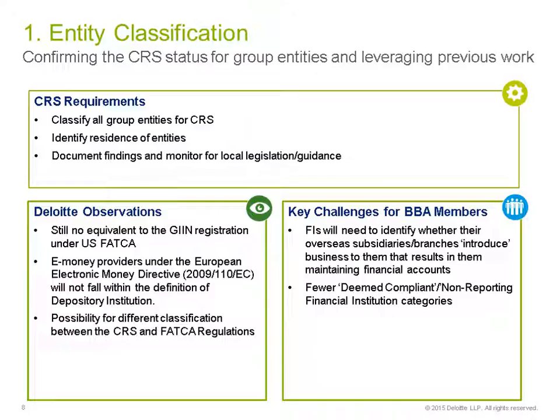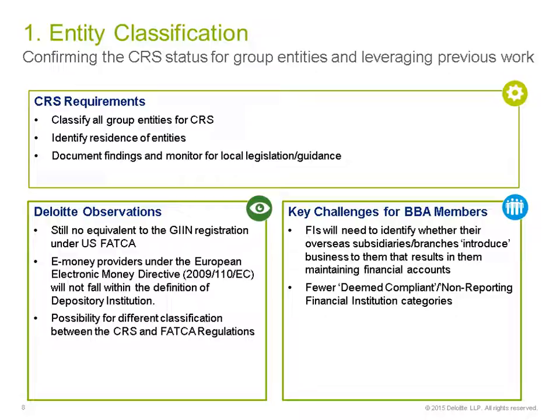Having said that, if you have used the holding company definition to register with the IRS for a GIIN, HMRC have stated that they will not require you to deregister, because they allow, if there's beneficial treatment under the US regulations for FATCA, then you can use those.